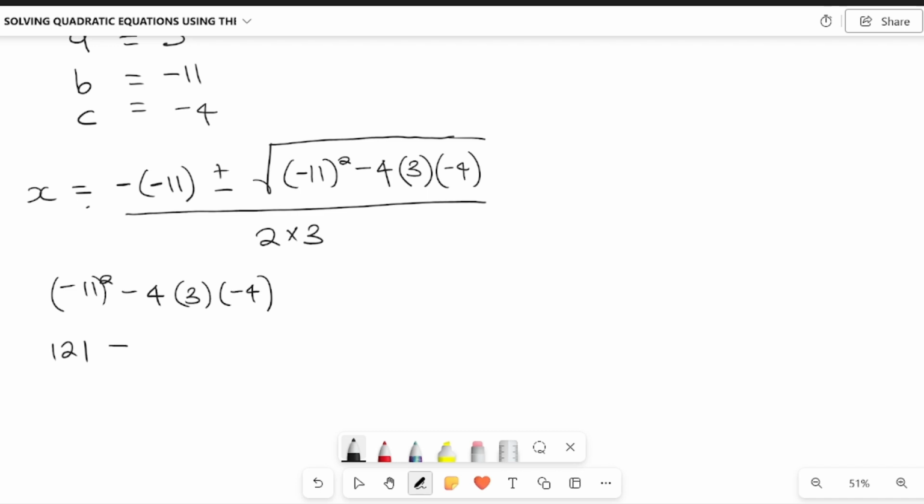And 4 times 3 times negative 4 should give us negative 48 when you use a calculator. Now, working this out, we see that this is equal to 121 plus 48, which gives us 169. Since we're supposed to find the square root of the value we get, we can go ahead and find the square root of 169, which evaluates to 13.